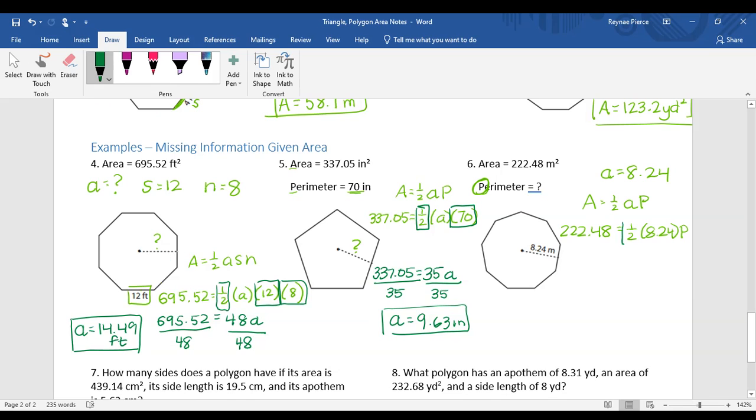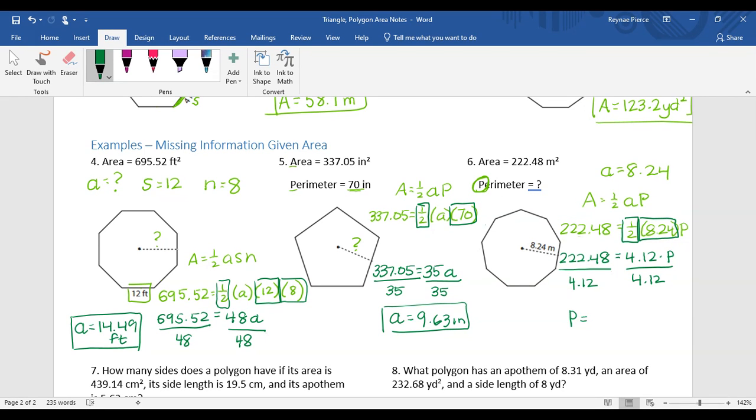Again, on that right side, I'm going to multiply those numbers that I do have. The left side stays the exact same. 1/2 times 8.24 is 4.12. And that's what I divide both sides by to find that perimeter. The perimeter of this 1, 2, 3, 4, 5, 6 nonagon then is 54 meters.